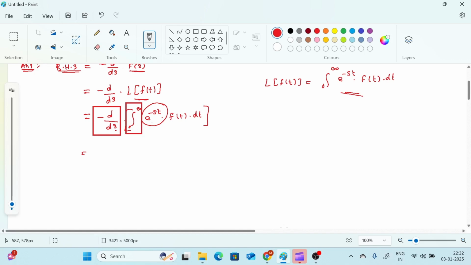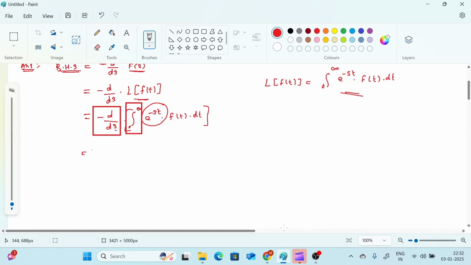But we cannot directly differentiate when we have an integration in the place. So in order to differentiate the value inside this integration, we have to apply the Leibniz rule.